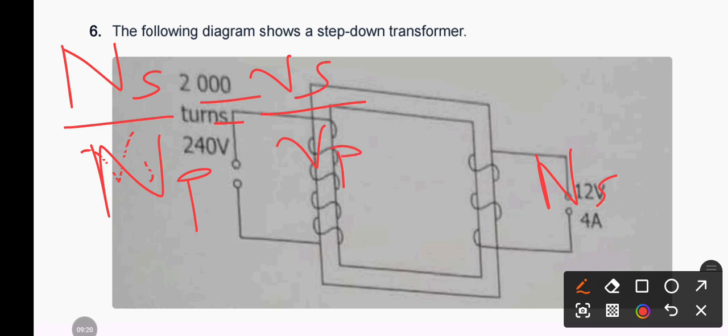So in this case, we want to find the number of turns in the secondary coil. So we'll basically make it the subject. So NS is equal to, we'll cross multiply there.